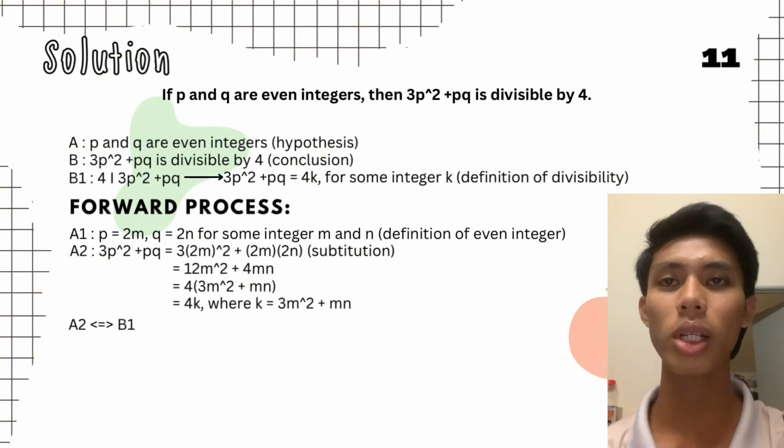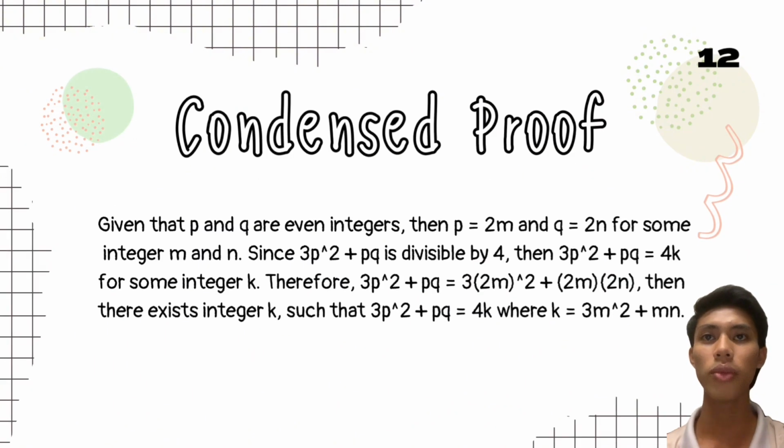A2 is equivalent to B1. So the condensed proof is, given that p and q are even integers, then p equals 2m and q equals 2n for some integers m and n. Since 3p squared plus pq is divisible by 4, then 3p squared plus pq equals 4k for some integer k.